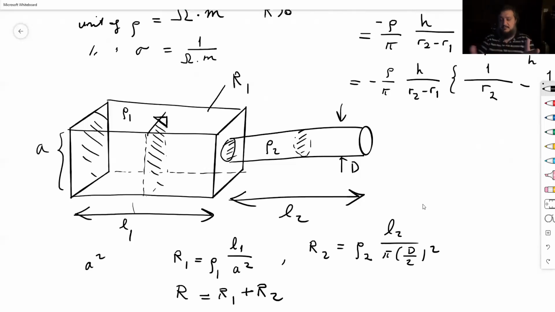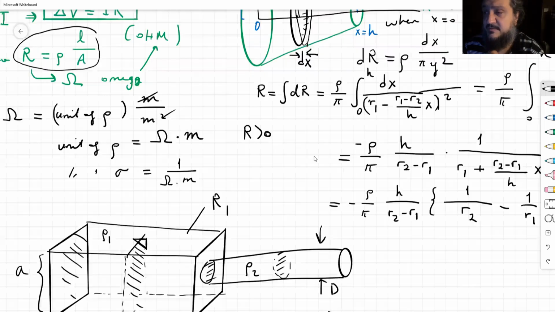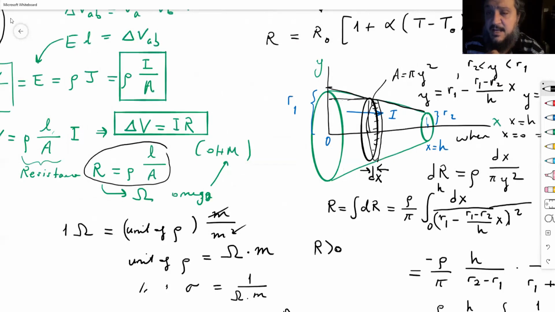If you add them one after another, if you line them up, since with length resistance goes up, you can just simply add the resistances like this. We're going to talk about those in detail later. So just an example of how you could calculate the resistance based on that simple formula. You can either integrate it or just apply it.